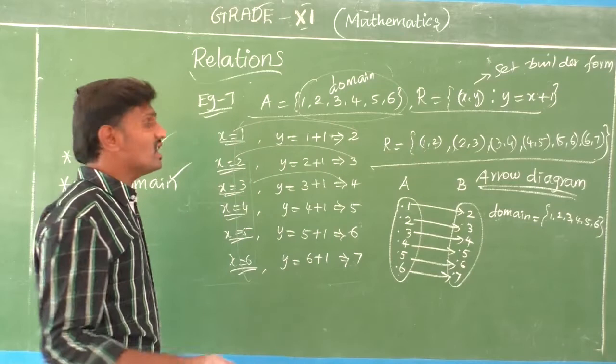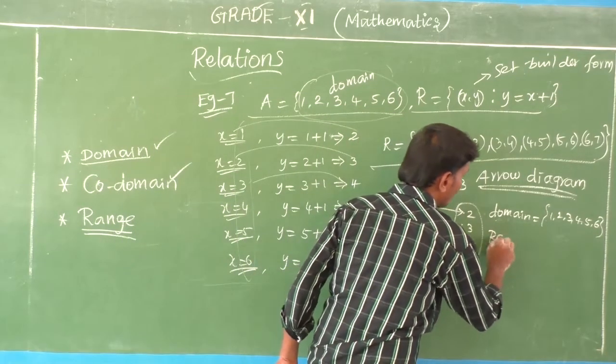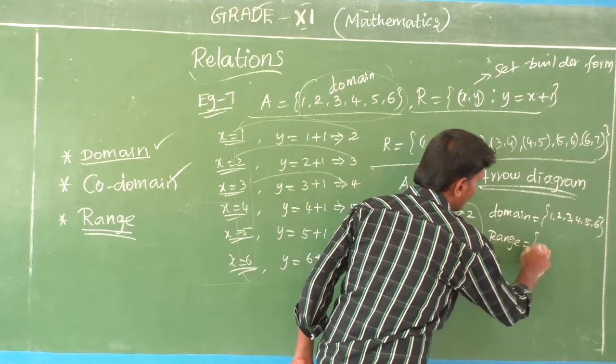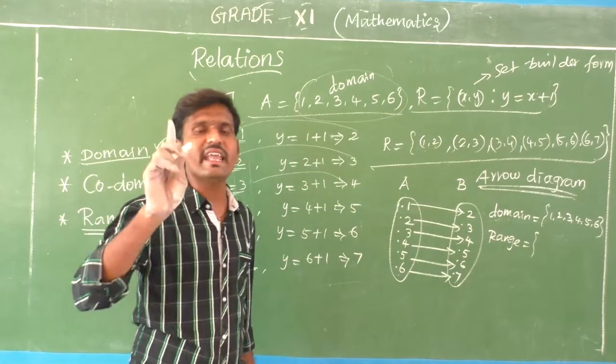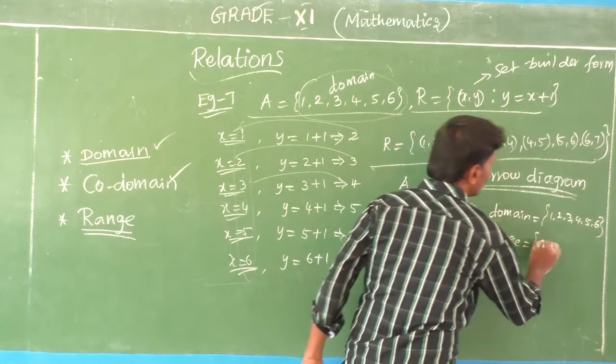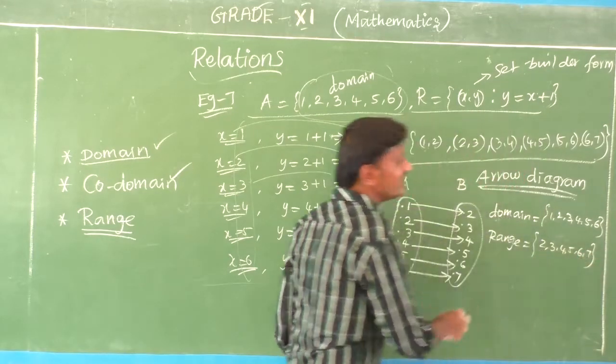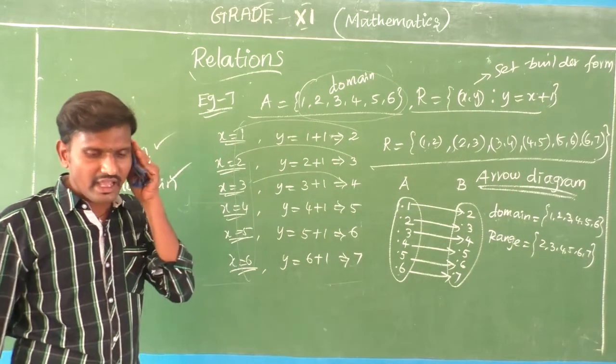And the codomain is also going to be the same. Before that, the range is the set of elements mapped in the second set, the set B: 2, 3, 4, 5, 6, 7. So these are the elements of the range.